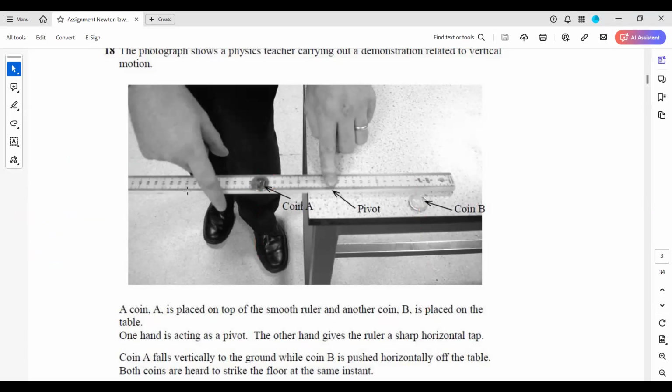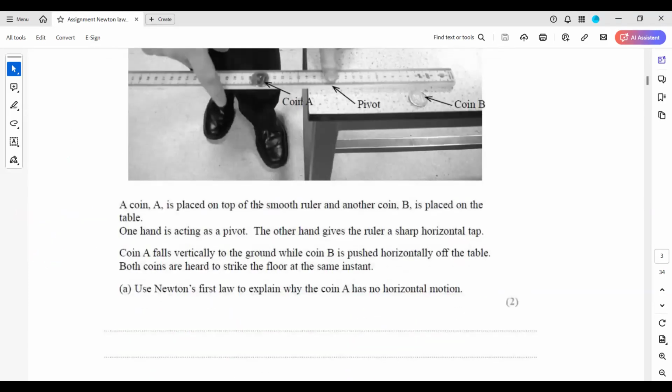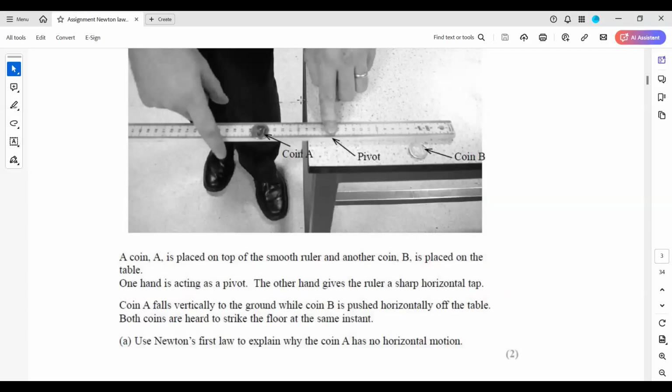Now coin A is placed at the top of a smooth ruler. When we use the term smooth, it means we neglect friction. When he rotates the scale, one coin moves downward and hits the ground, while the other follows a trajectory, a projectile path.